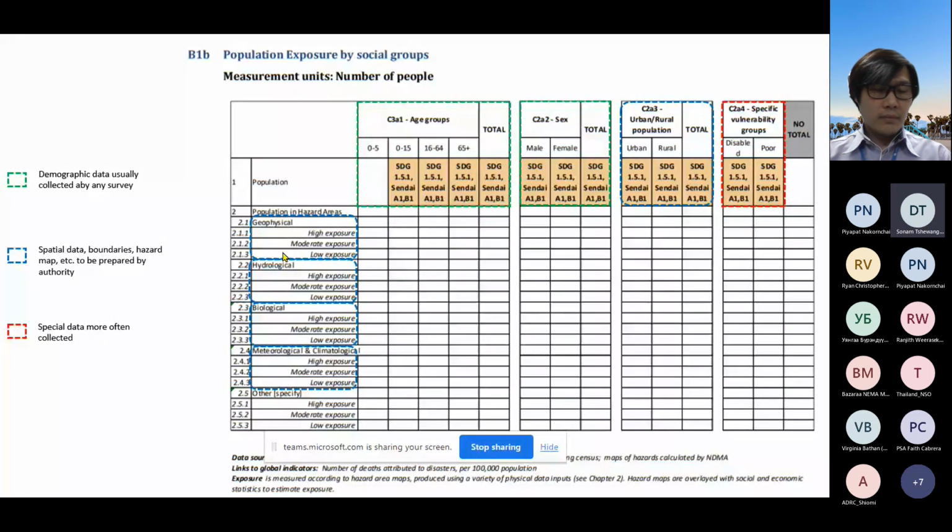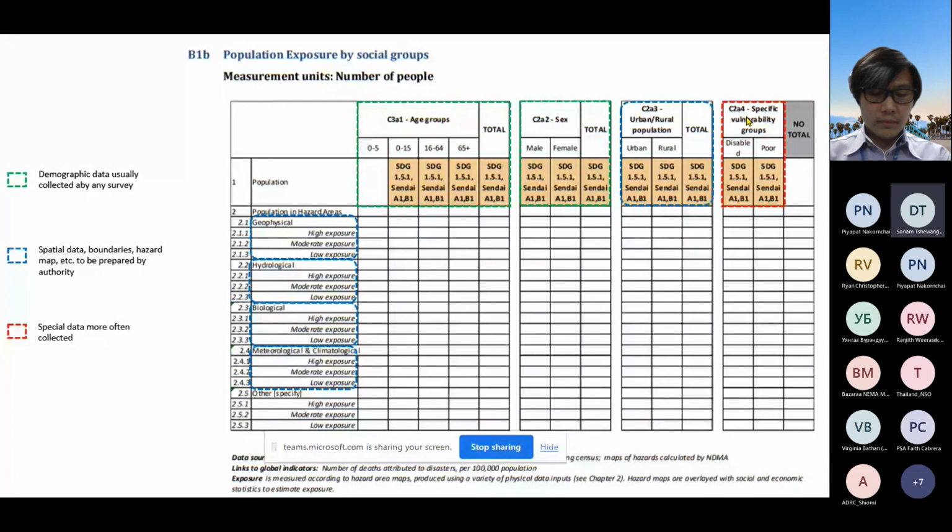When coming to this table B1B, all the social information, especially along the top row, C31A, C2A2, and even C2A4, can be acquired from the Population and Housing Census of Bhutan, conducted by the National Statistical Bureau, NSB, regularly at 5 to 10 year intervals.